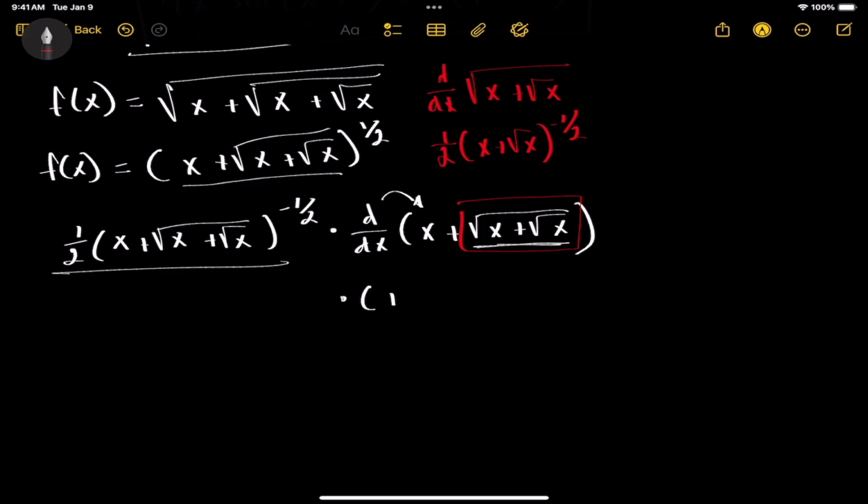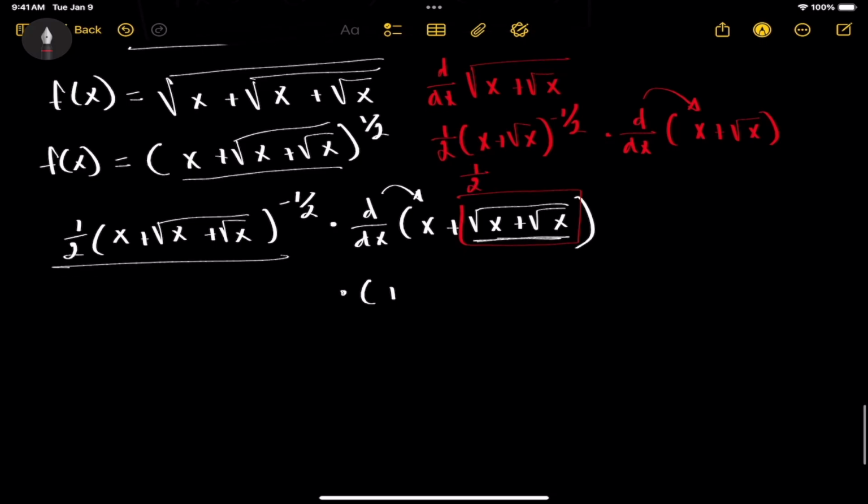We now have to take the derivative of what was inside of the parentheses. So this is the second time we use the chain rule. And what's inside the parentheses is similar to the first time we used it. So the derivative of x is just 1. So I'm going to rewrite all of this again.